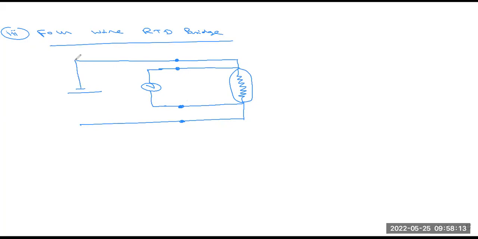This is the voltage source, minus, plus. A, B, then C, then D. So this is basically called the four-wire RTD bridge circuit. Here one voltmeter we have to connect across these two leads, and this is also connected to the RTD device. Another one is connected to the voltage source, that is A and B.